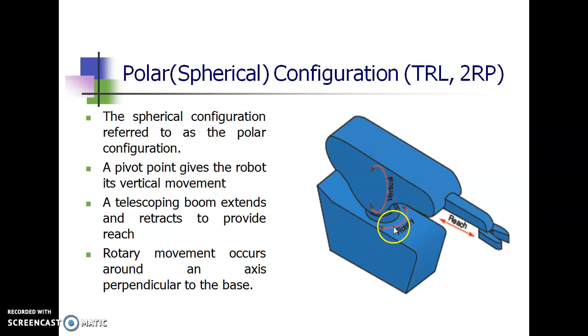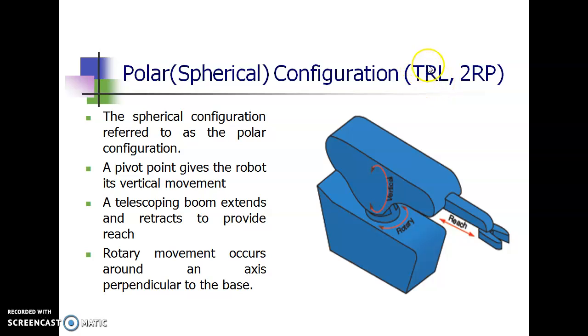So there is a rotary base, then a vertical movement, and then a reach. So this is the T joint, this is the R joint, and this is L. So we have the notation TRL.